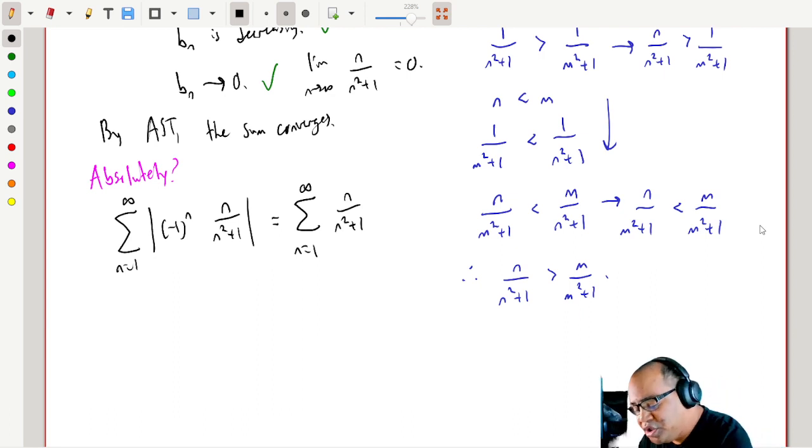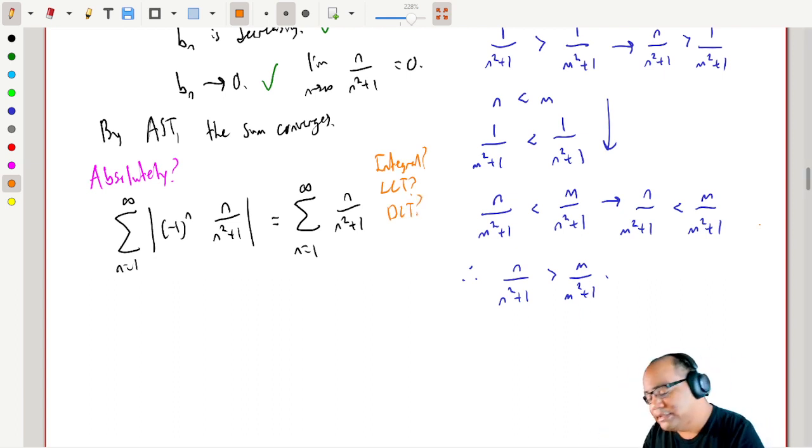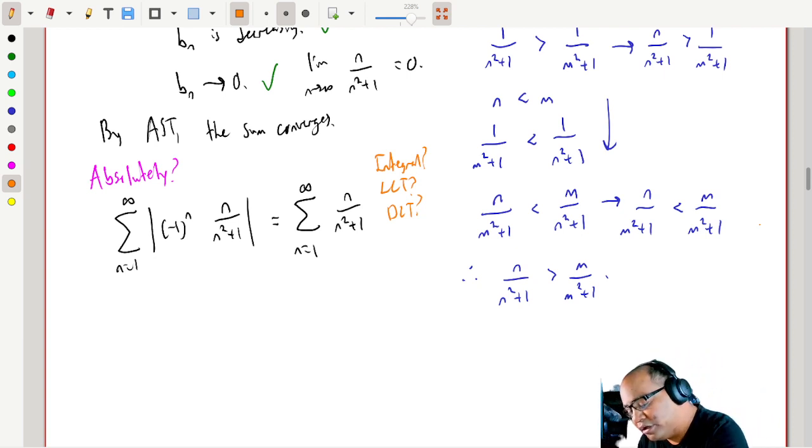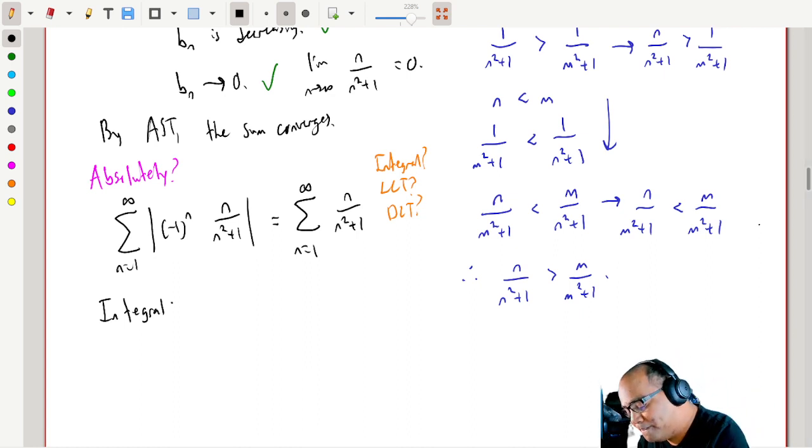Some ways you can attack this, you can perhaps attack this with the integral test, perhaps limit comparison, direct comparison, lots of ways you can do this. In fact, we can already use the integral test since we've already shown that this thing is decreasing eventually. So let's look at the integral test, although, of course, the limit comparison test would also work here as well, just compare against anything like 1 over n.